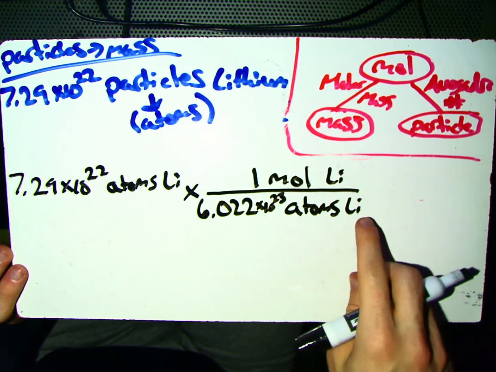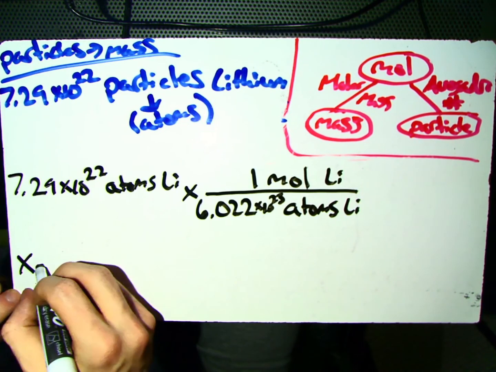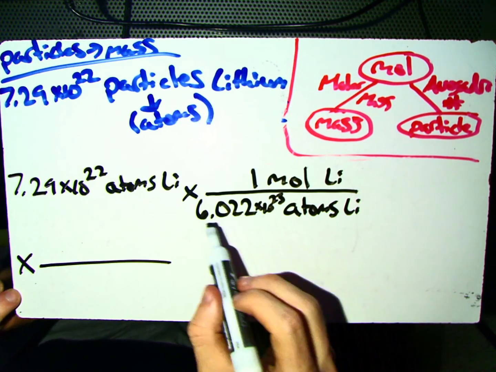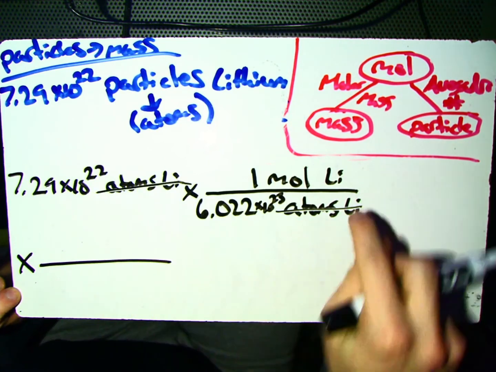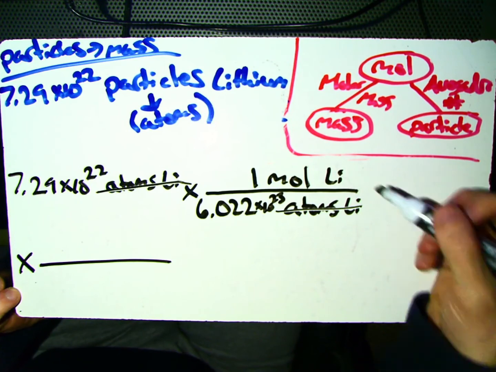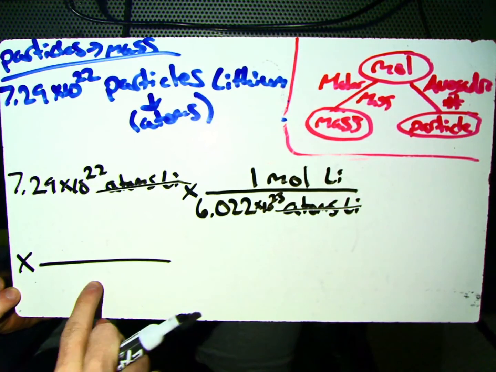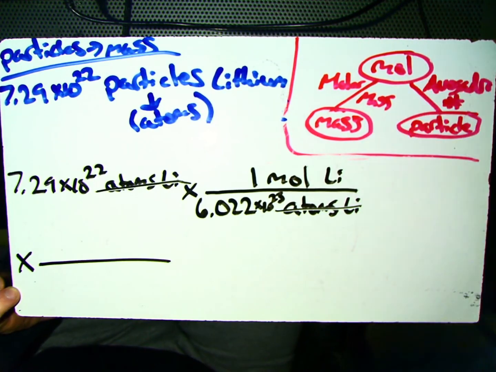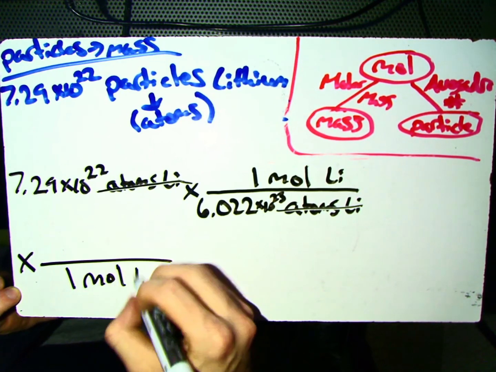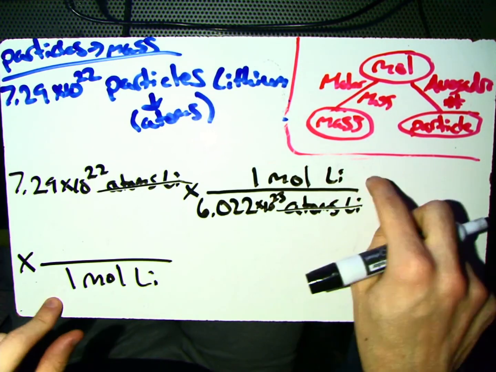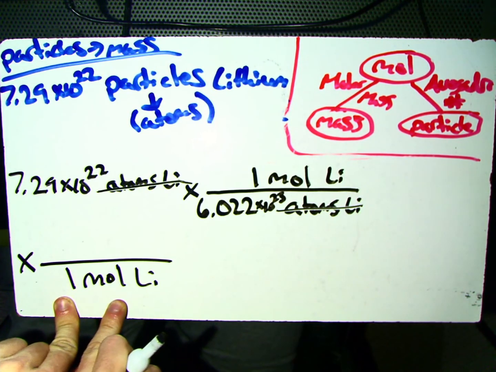I don't think I have enough space over here, so I'm going to move down to the bottom. And I actually forgot really quickly, we should cancel out units. So we're done with atoms here, and now we're in moles. Well, if mole is in our numerator in this conversion factor, and now we're going moles to mass, we're going to put 1 mole of lithium in the denominator, because it needs to cancel out. 1 mole of lithium, how many grams are there?